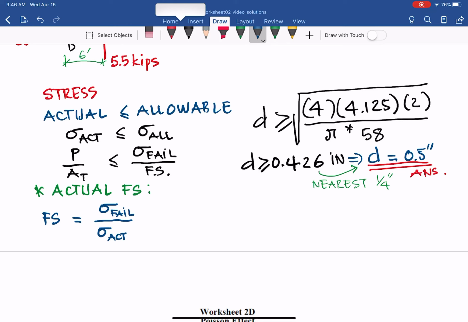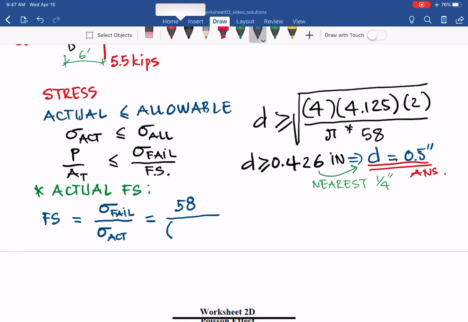The regular factor of safety is sigma fail over allowable. Now it's actual. So from that we can plug in: sigma fail is 58 KSI divided by sigma actual.